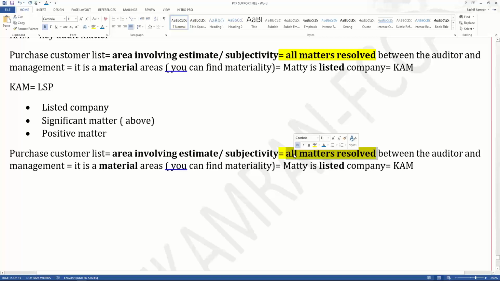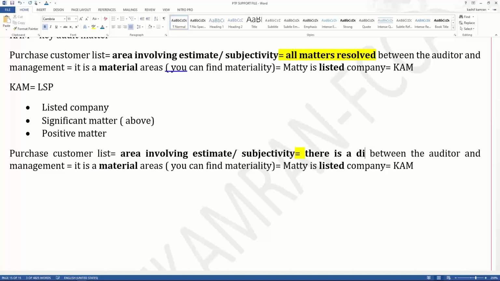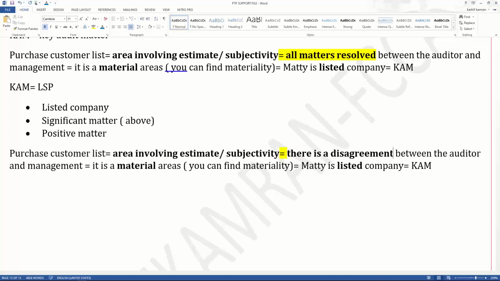Let me write over here. There is a disagreement between the auditor and the management. See, I changed the statement. There is a disagreement between the auditor and the management, it is a material area, and METI is a listed company. Then what will come now? Because it's material, the auditor will issue a qualified opinion. Am I right?